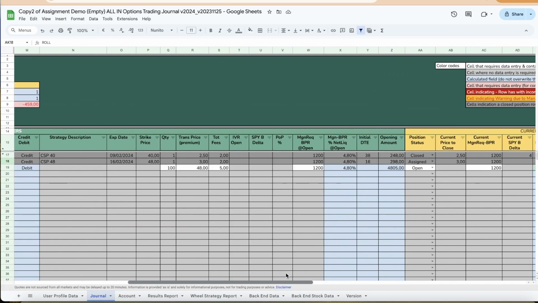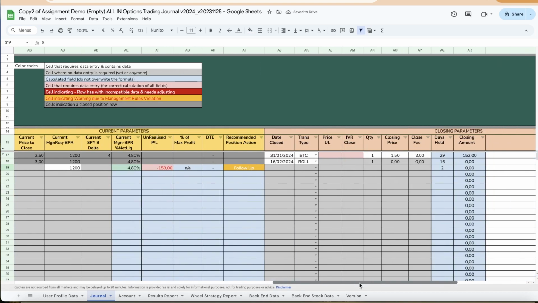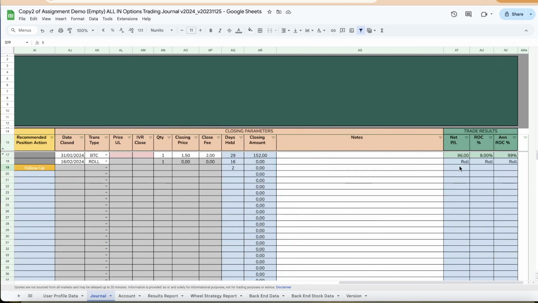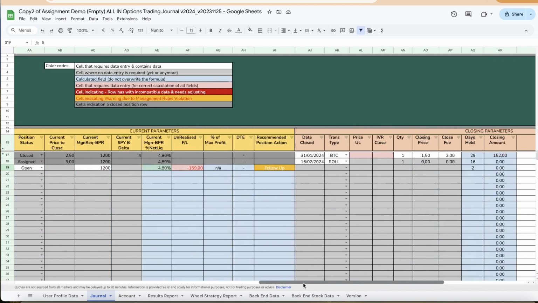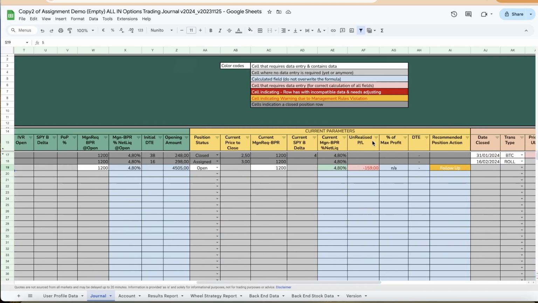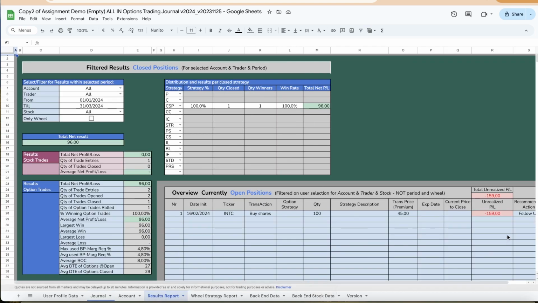That means my buying price of my shares is not 48, but 48 minus the premium received, which is 45. So I change this to 45. You can see here on the right, I still have a roll, I still have an open position of 100 shares, but my unrealized P&L is now correctly showing a loss of $159. And also here in the results report, this means that my unrealized P&L is correct.